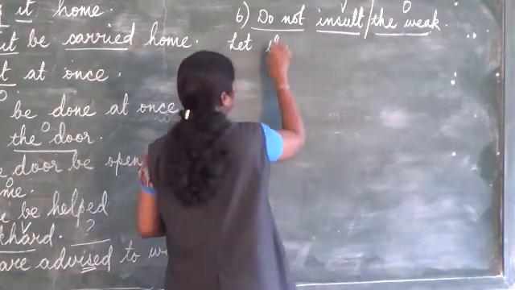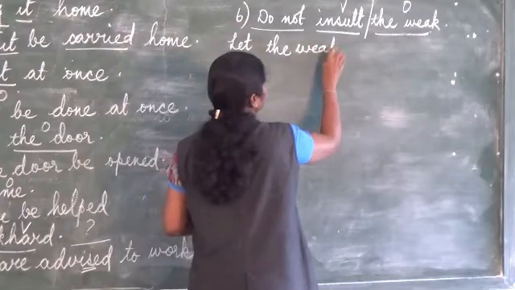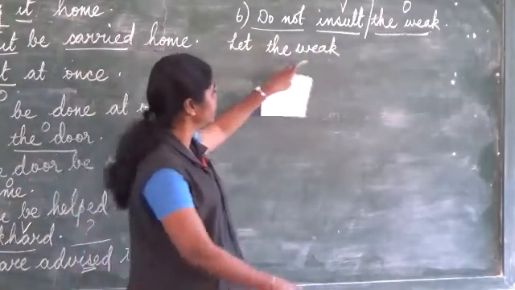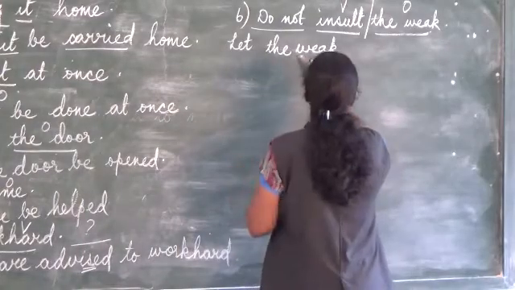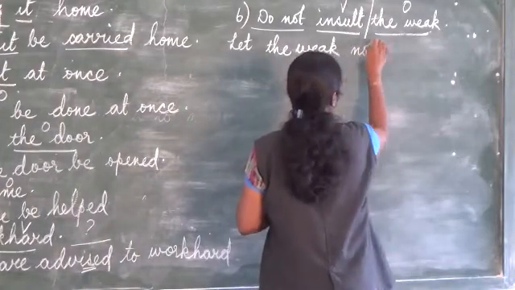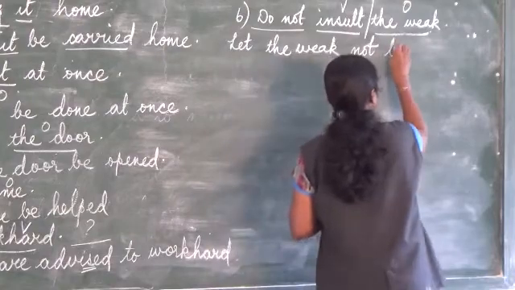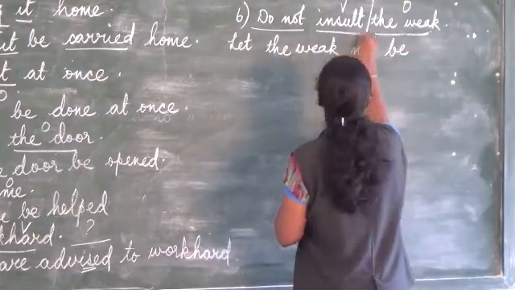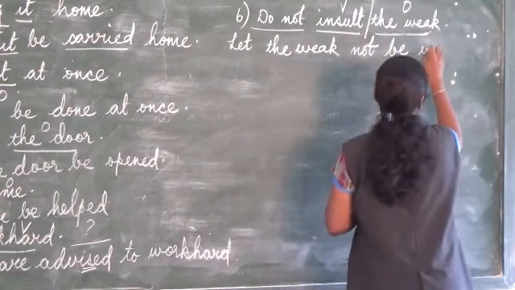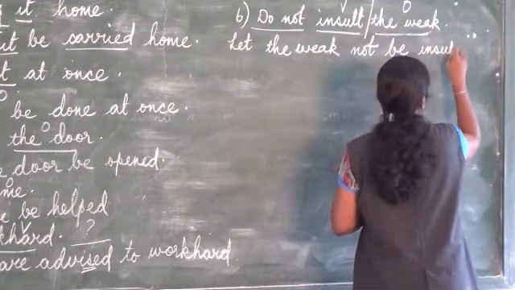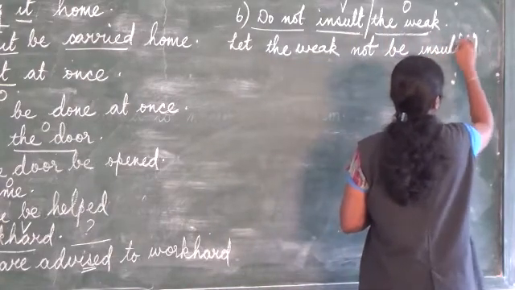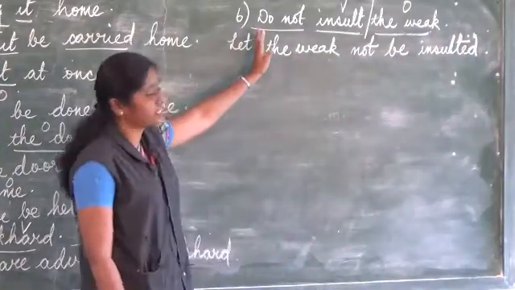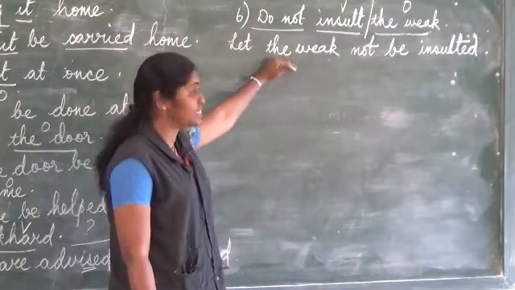Let the weak. Now this "weak" refers to all the weak people. Immediately after the object, I told you, you have to use the negative word, then the word "be". Let the weak not be. See, this is the verb here. V3 of "insult" is "insulted". Clear? Okay.